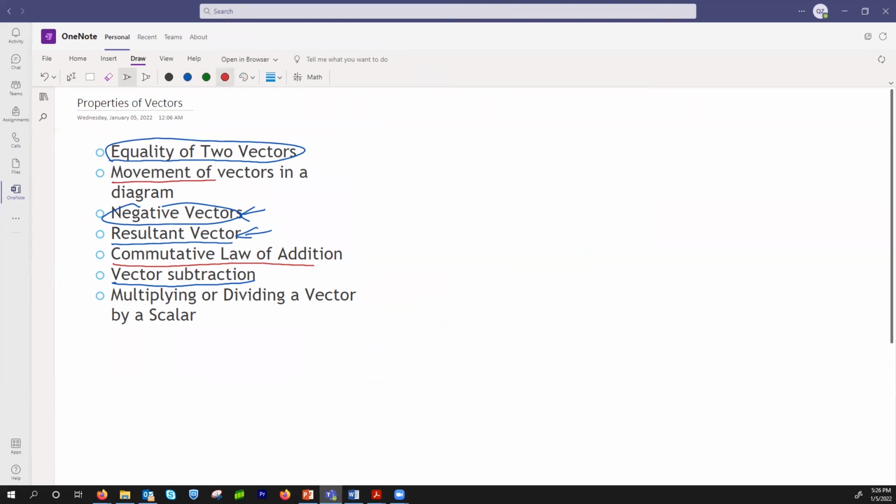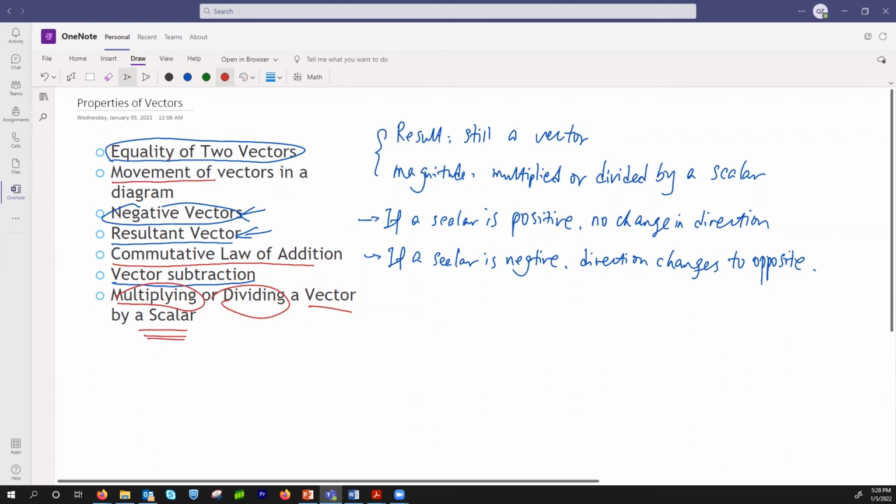Lastly, multiplying or dividing a vector by a scalar. Assuming that we have a vector A, like this, and now we are multiplying this vector by a scalar. A scalar is mainly just a number. So let's assume that it's 2 for this scalar, and we're looking for the new vector 2A.